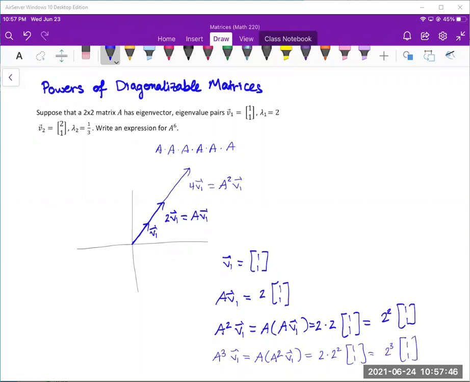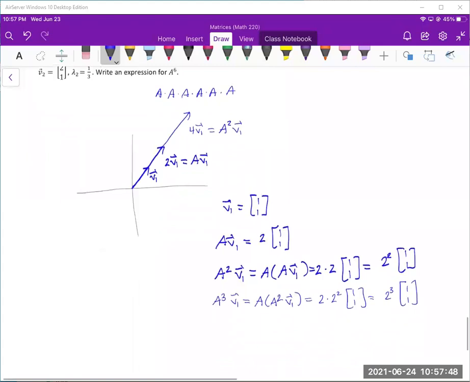Hopefully we start to see this pattern that A to the K V1 is going to be 2 to the K V1. So if multiplying by our matrix stretches a vector by a factor of 2, then taking a fourth power will multiply by 2 to the fourth.